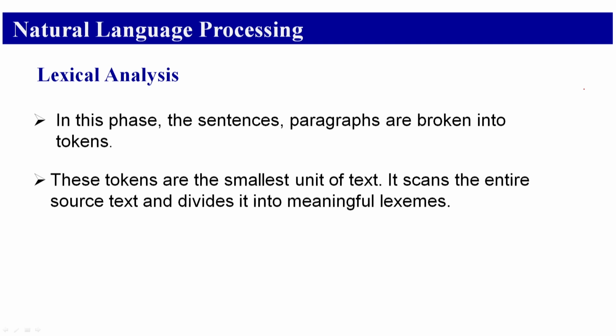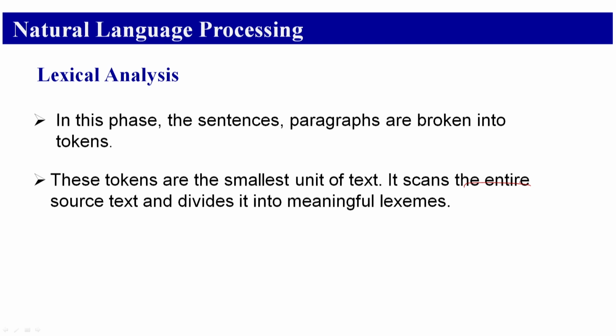In this case, we basically break down sentences and paragraphs into small segments called tokens. These are actually the smallest units of text which a computer can understand. So, what do you have to do? The computer needs to scan the entire text, whether it is spoken or written, and divide it into meaningful tokens or meaningful lexemes. That is the job.